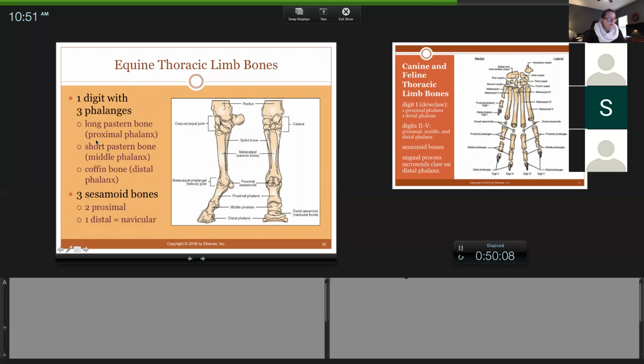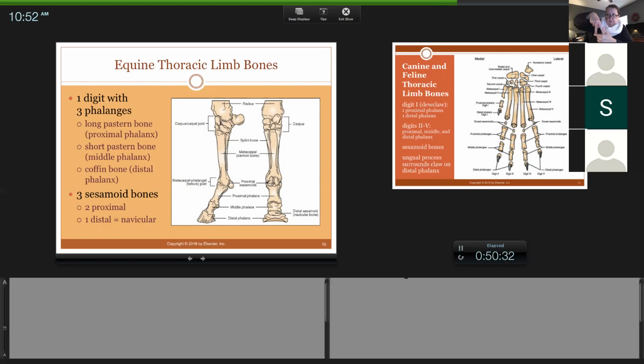When they go down to the digits, if you imagine I take away all my fingers, I'm not giving you a gesture, the horse is literally standing on its middle finger. So they have metacarpal 3, and they have digits 1, 2, 3.